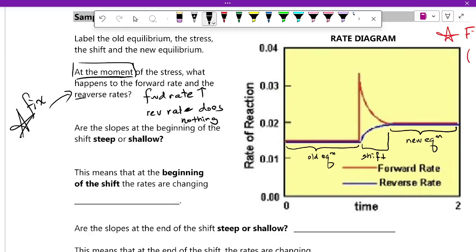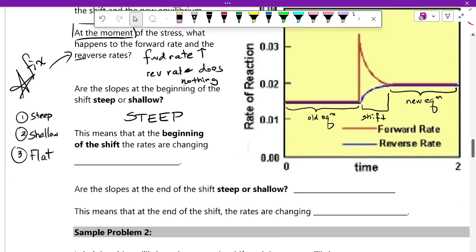Are the slopes at the beginning of the shift steep or shallow? Steep. Wait, it's always. It always goes steep, shallow, flat. And if the curve is steep, what does that mean about the change in the rate? Is it changing slowly or is it changing quickly?